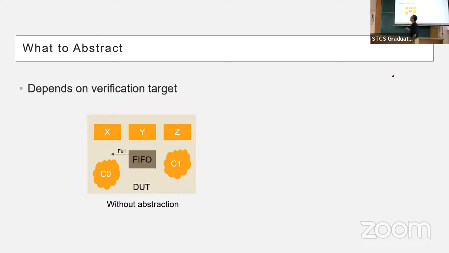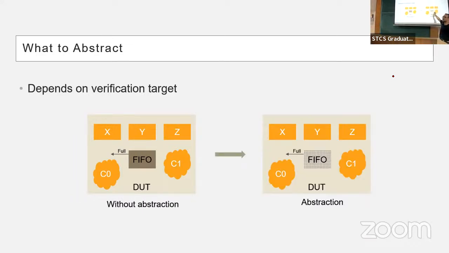Let's say this FIFO is 128 deep, and we are not able to see it become full, and the FIFO depth is itself not a parameter. Maybe someone hard coded it, or it could be anything. We want to see this full signal going high, and that gives us an indication that we have to add this abstraction. What we can do is that the FIFO full signal becomes high when the FIFO occupancy becomes 128.